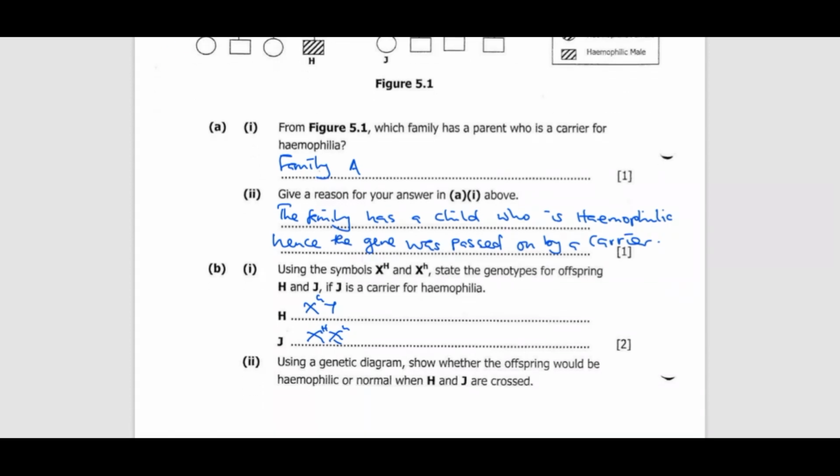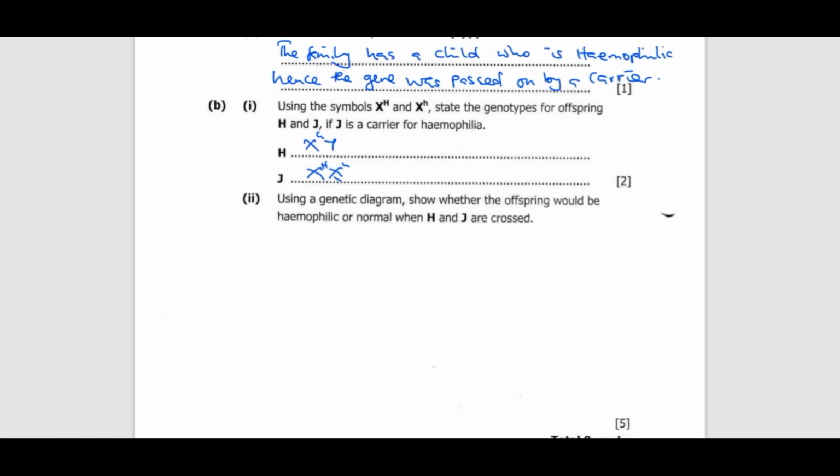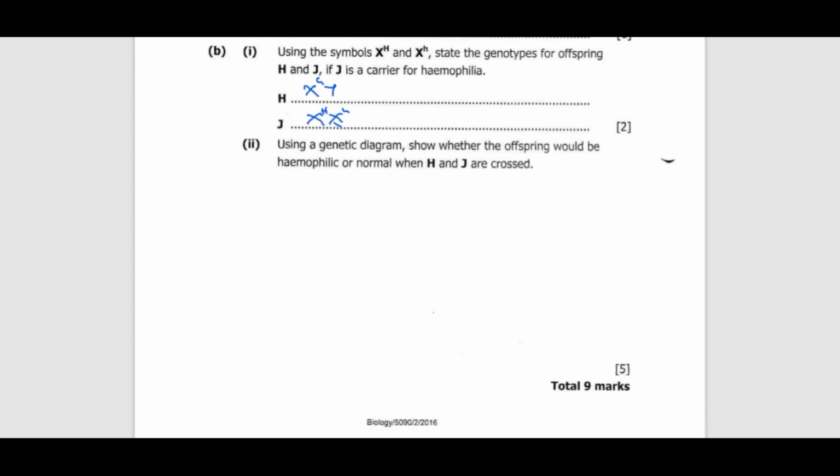We move on. Using a genetic diagram, show whether the offspring would be hemophilic or normal when H and J are crossed, carrying 5 marks. The first thing that you have to write is father and then mother, so that we are able to know.